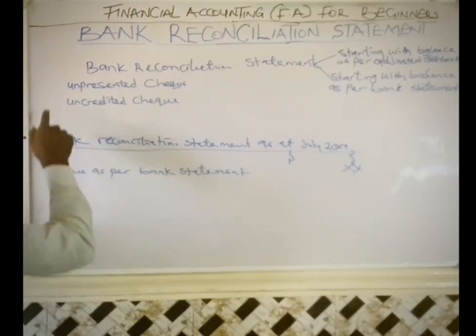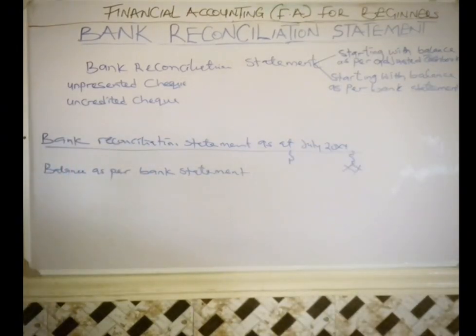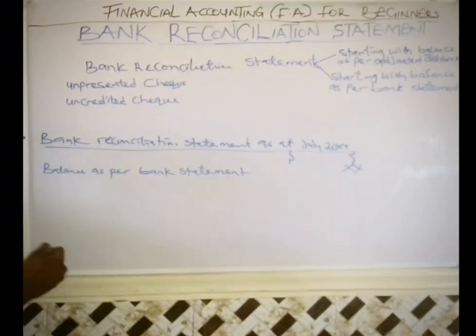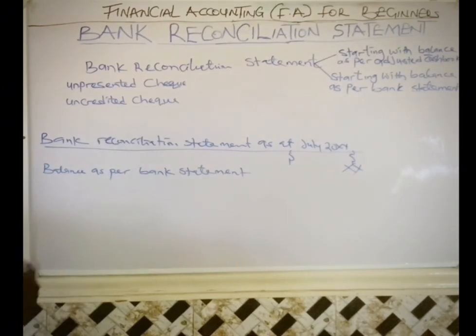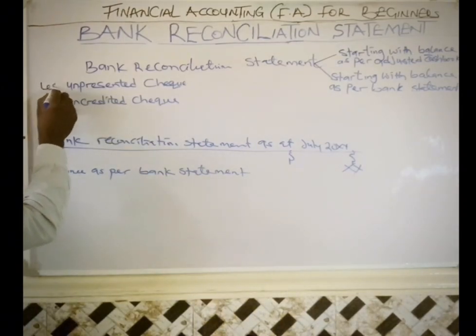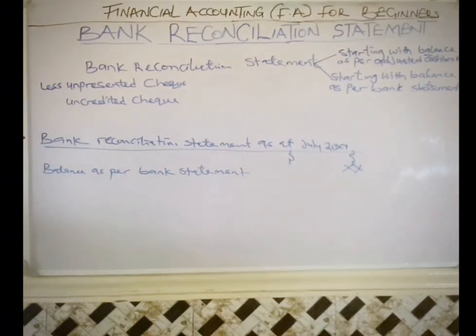So we must list our unpresented check to show that this check that was given out has been accounted for. Since it has affected the cash book negatively, let it affect the bank statement negatively. So you less unpresented check. It's the opposite.